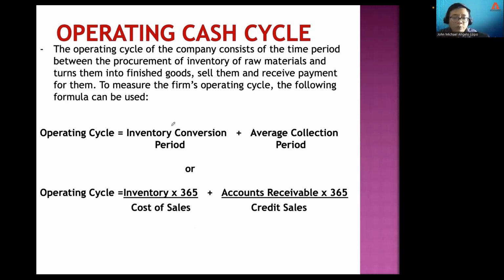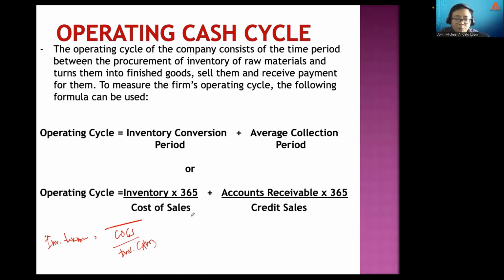When you compute for the inventory conversion period, anong una mo nang ginagawa dati? Punta kayo sa FS analysis, di ba? Una muna, pag-compute muna ng inventory turnover. Di ba? Anong formula ng inventory turnover? Cost of sales divided by your average inventory, di ba?